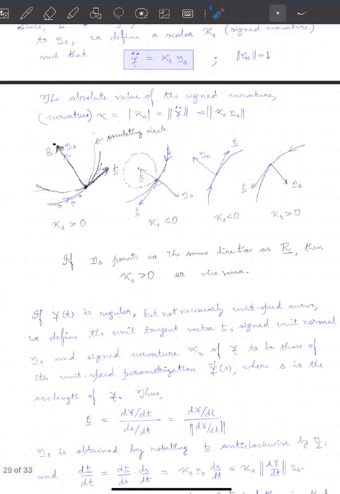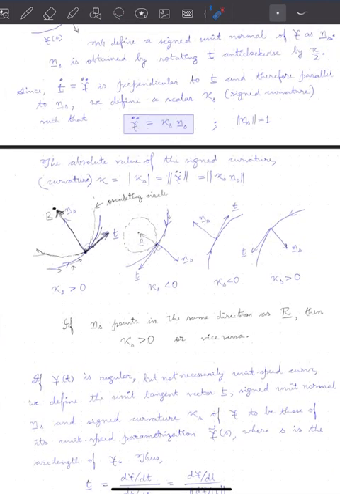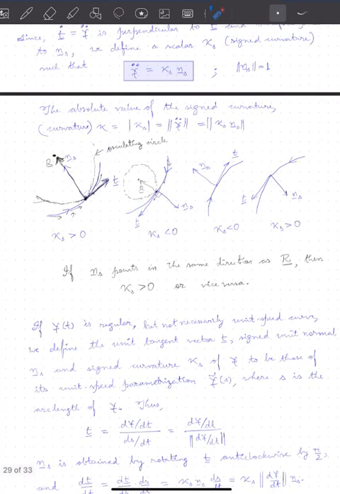But then what we are looking for is how do we understand when the signed curvature is positive or negative, right? Since it has to have a sign, isn't it? What we do is, we showed four different scenarios.